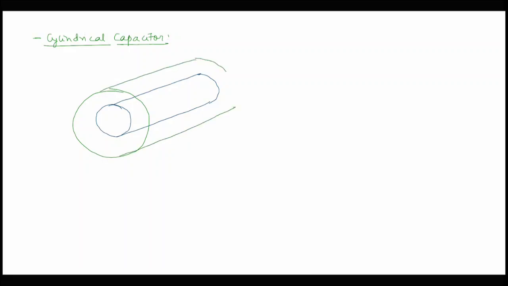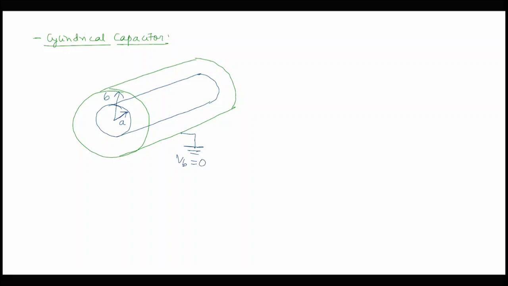So the cylindrical capacitor looks like this, with an inner radius A and outer radius B. And we are saying that the outer surface is earthed. So just like the previous case, we will be taking that VB is equal to 0.